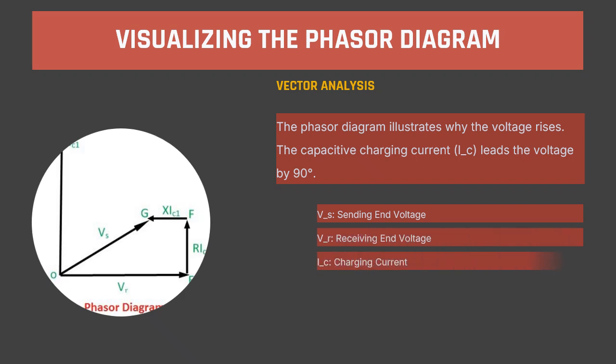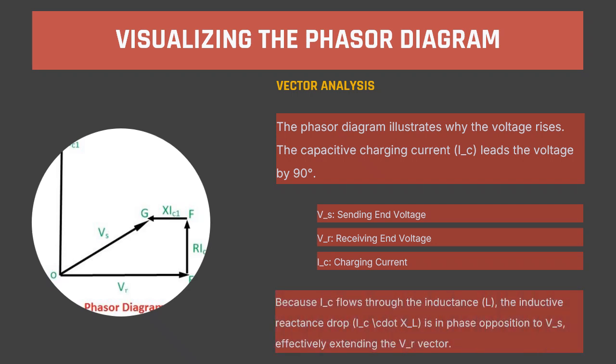Crucially, this inductive drop is almost 180 degrees out of phase with the sending end voltage, V_S. When we vectorially add these components, the result is that the receiving end voltage, V_R, is effectively extended and is greater than V_S. This diagram clearly shows how that leading current leads to the overvoltage condition.